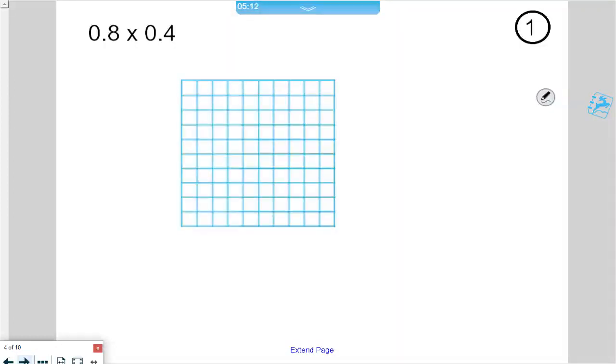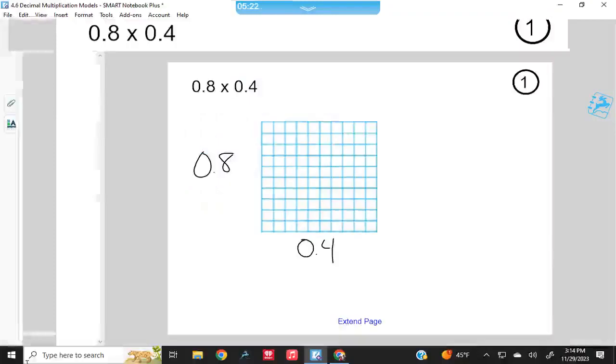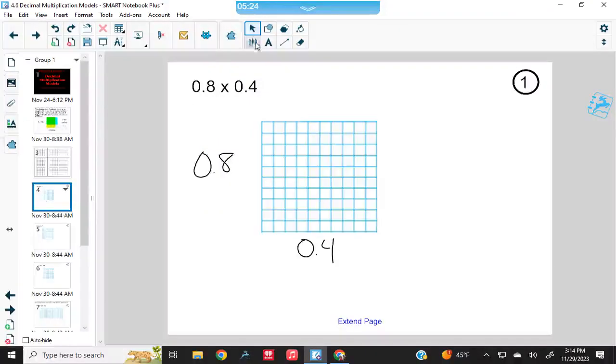So I'm going to start. 0 and 8/10 is going to be on the side. 0 and 4/10 is going to be on the bottom. So I'm going to come over here and I'm going to shrink the screen just a little bit because it's a lot easier for me to do it this way. So I have 8. 1, 2, 3, 4, 5, 6, 7, 8.